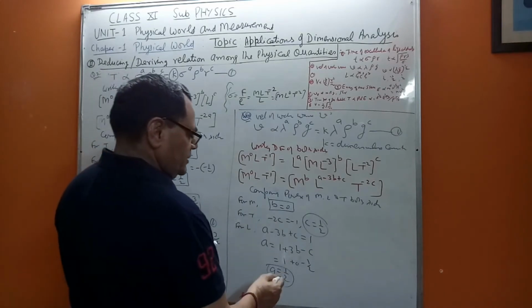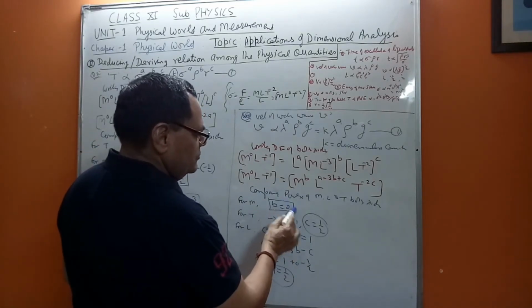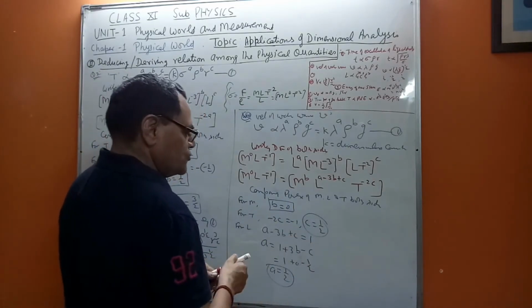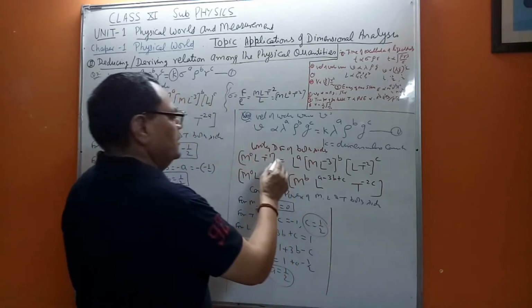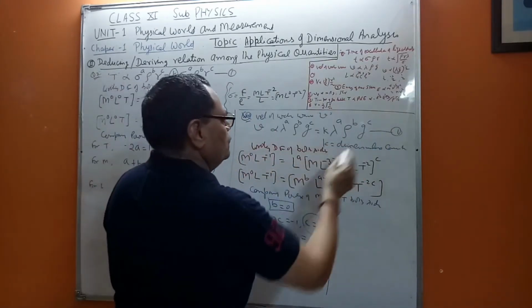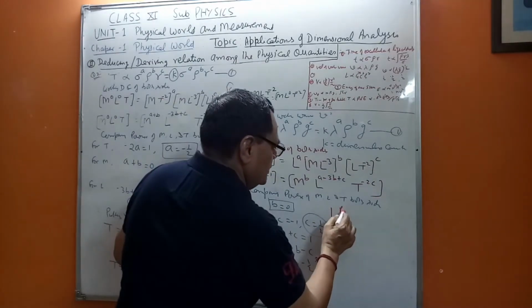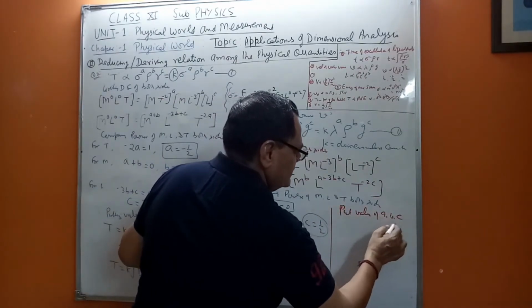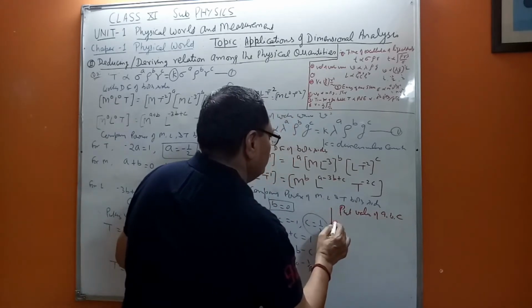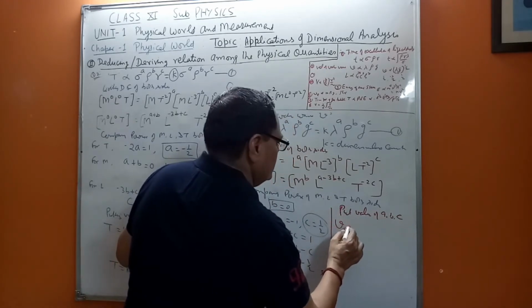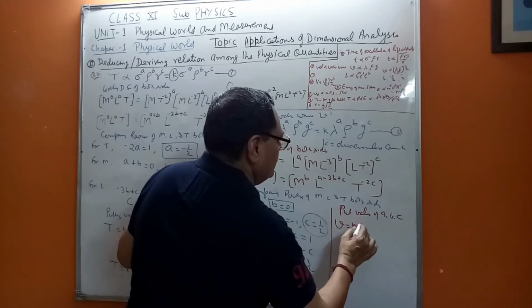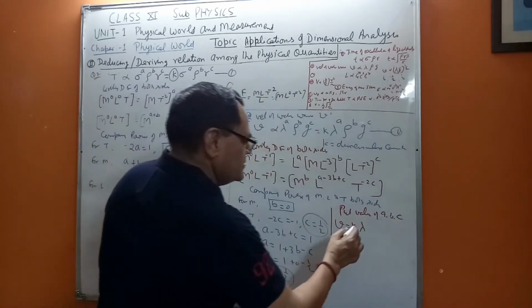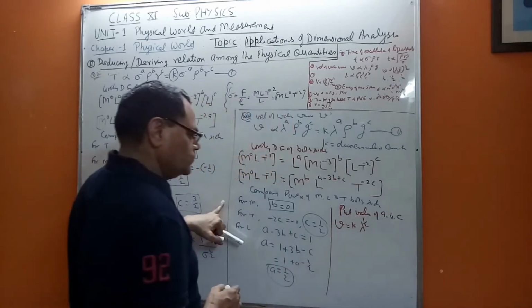So we have all the three values. A is half, B is 0 and C is half again. So substitute these values in this relation 1. When you put values of A, B and C in equation 1, you will see the velocity is equal to K lambda raised to power A, A is half.